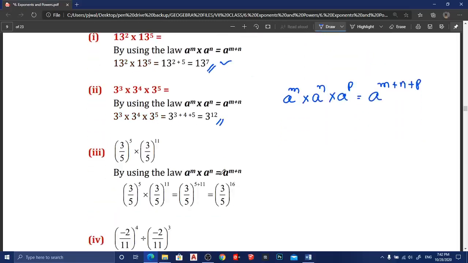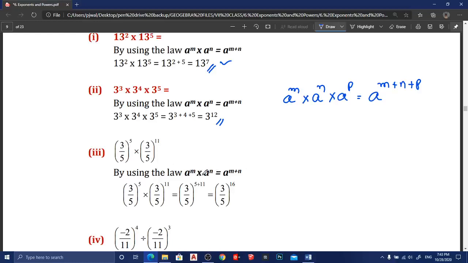So now again, the third one is also, we are using the same first formula, because it is multiplication of two exponential forms. It's 3 by 5 to the power of 5 into 3 by 5 to the power of 11. Whatever the base it may be, you have to use this formula. If both the bases are equal and powers are different, you have to use the same formula even though it is fractions.